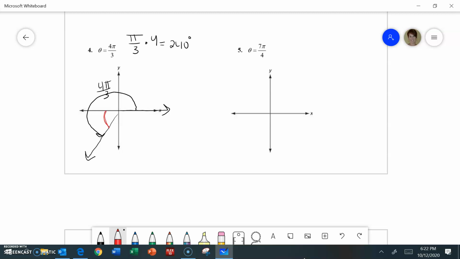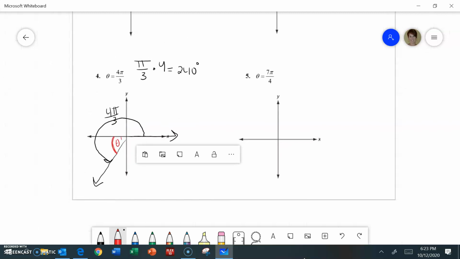So it's going to be tucked here. I know you're thinking, well, that's kind of inside 4 pi over 3. But this is your reference angle, all right? We don't care where we land, but the angle that would get us back to the x-axis. So if we went around 240 degrees, we want to get back to this 180. That would be 60 degrees, right?